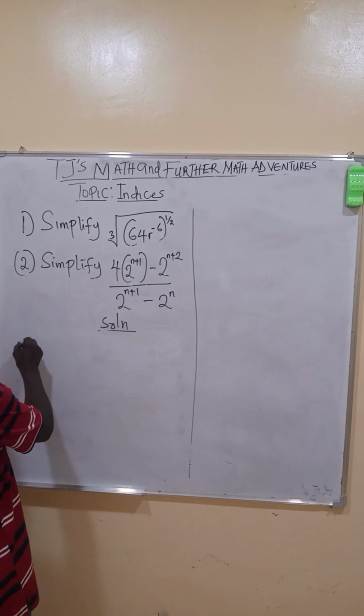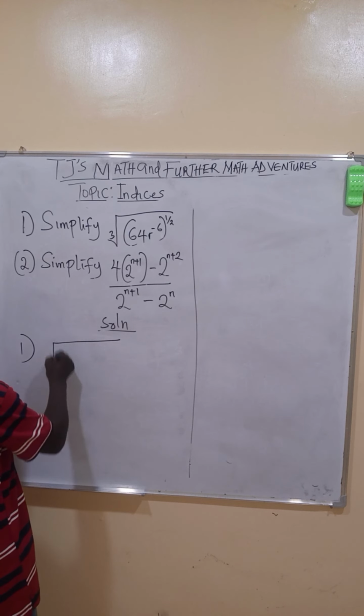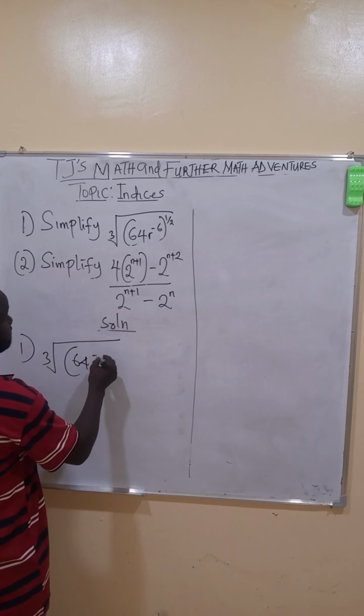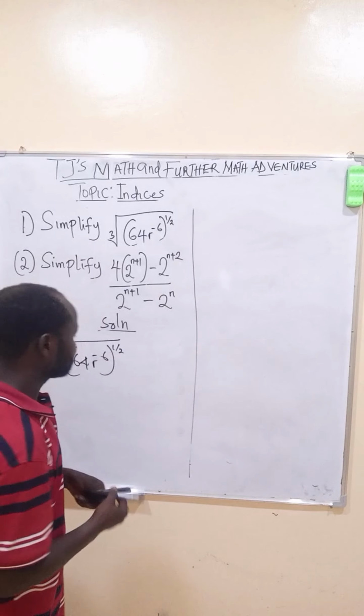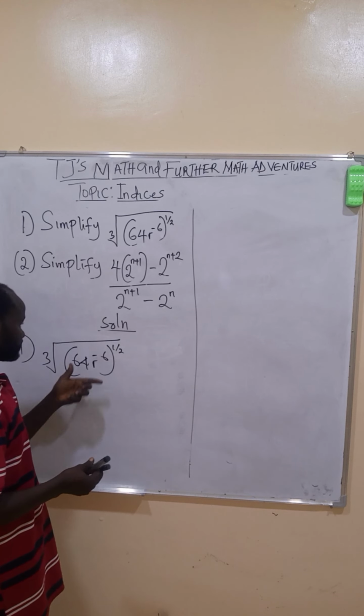So let's write down the question here. We have number 1 now. We have the cube root of 64r power minus 6, power half. To solve this, we handle what is under this cube root first.